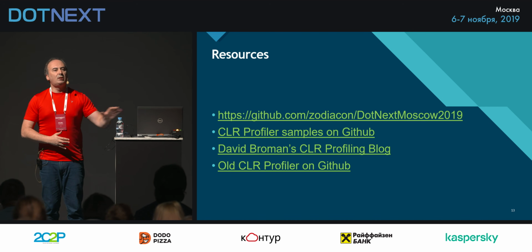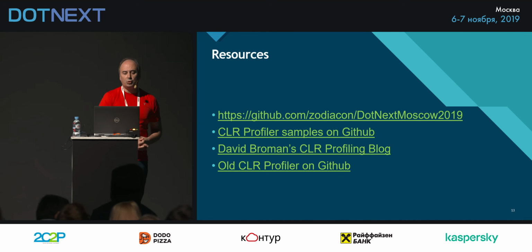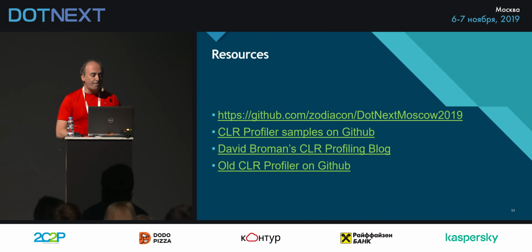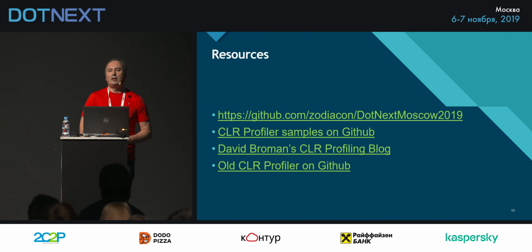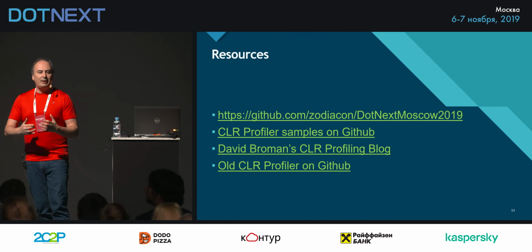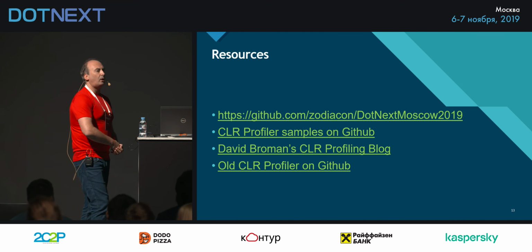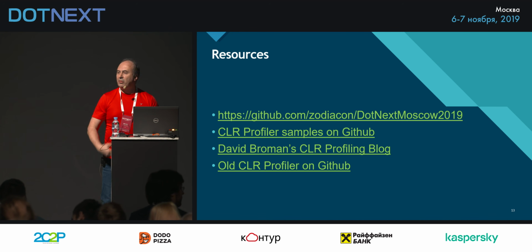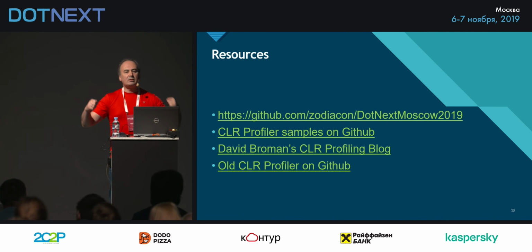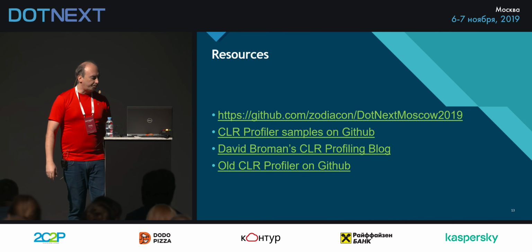So his blog is still available, and it's a good read if you really want to dig deep into the profiling API. And finally, there's the old CLR profiler for the classic .NET framework, which is not maintained anymore, but is still a good reference of how to talk to the CLR, how to implement methods there, how to insert your own IL into JITted methods, and things like that.